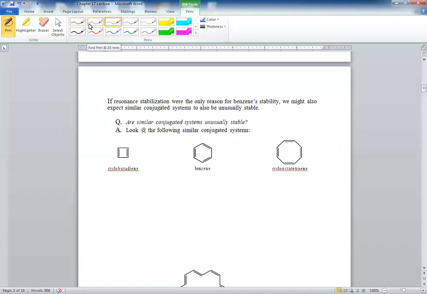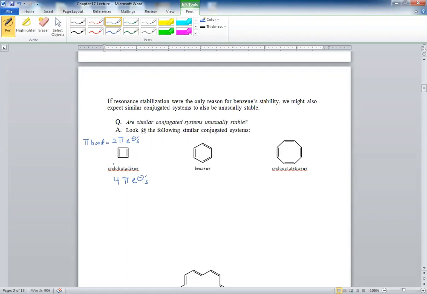So, of course, cyclobutadiene has 4 pi electrons. Once again, if you don't remember from the last chapter, remember a pi bond has 2 pi electrons. So you have 2 pi bonds here.